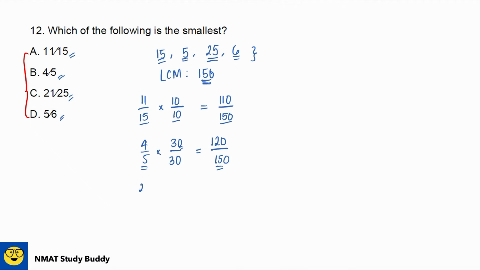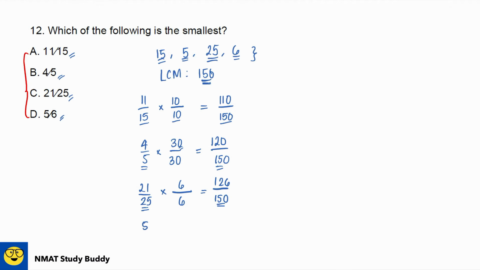And then, yung 21/25, ano ulit yung i-multiply mo sa kanya para meron kang denominator na 150? So, 150 divided by 25 is equal to 6. So, 6/6. So, 21 times 6, hindi ko na ima-manual computation or papakita sa inyo yung solution. Pag multiply nyo yung 21 by 6, 126 yung makukuha nyo.